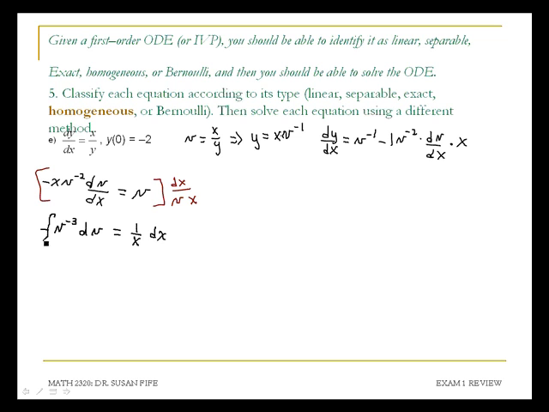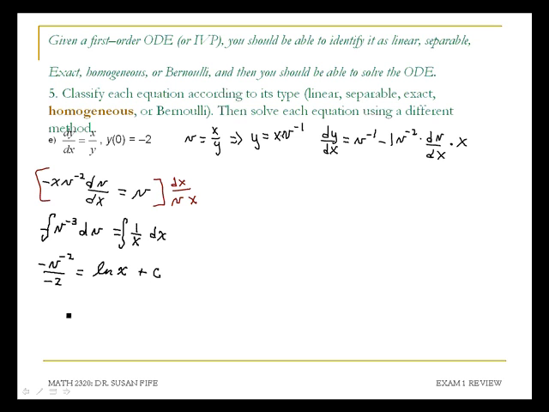From here I can integrate both sides. On the left side, let's see, I have negative v, increasing the exponent by 1 gives me a negative 2. Divide by negative 2 equals, on the right side, when you integrate 1 over x, you get natural log of x, and then plus c.